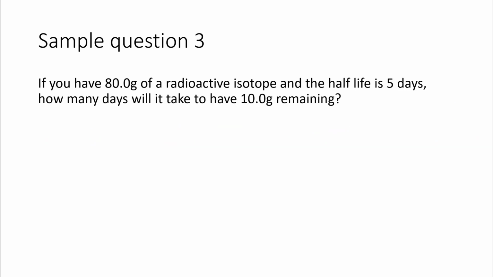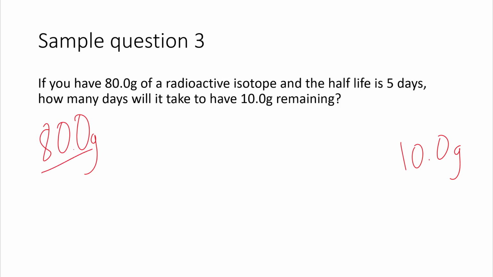And on the final sample problem, you have 80 grams of a radioactive substance, and the half-life is 5 days. How many days will it take to have 10 grams remaining? So if you have 80.0 grams to start and 10.0 grams to end, you have to think about how many half-lives it takes to get from 80 to 10.